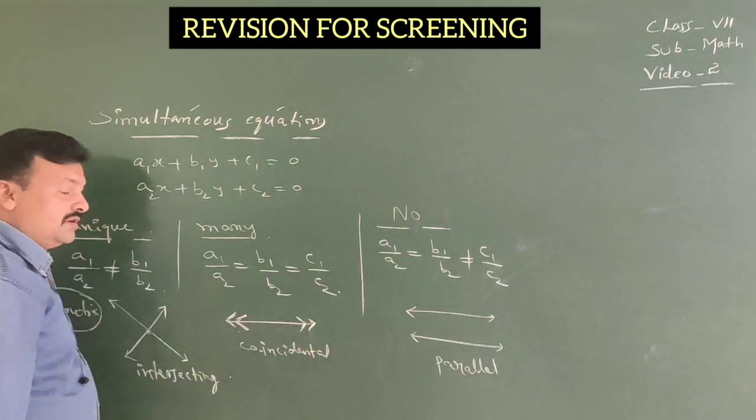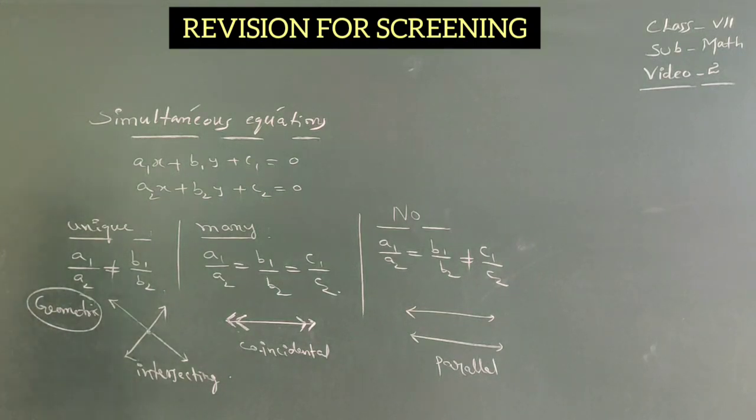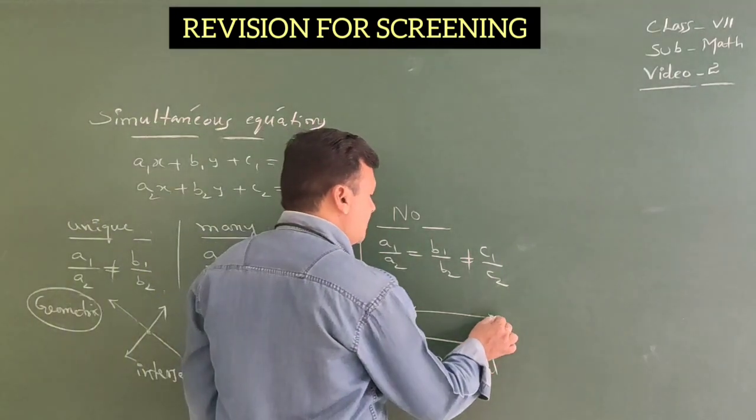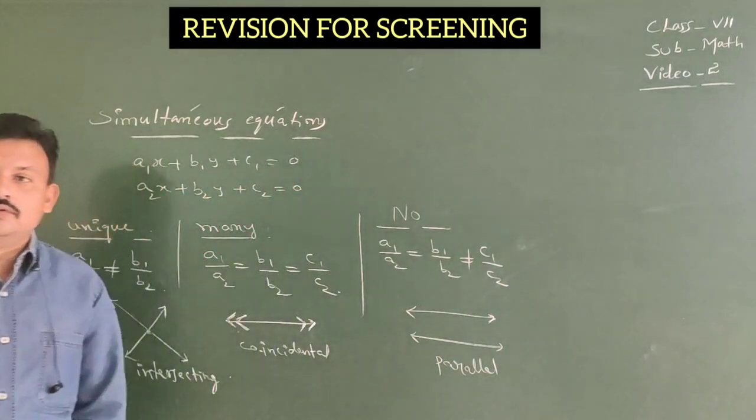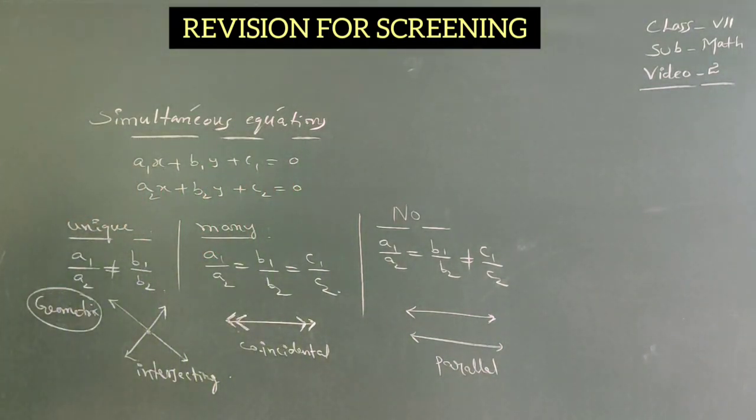The points which belong to the first line also belong to the second line. They are called coincidental lines. Third, parallel lines. There is no point of intersection, means there is no solution for the given system. That's why inconsistent system is denoted by parallel lines.